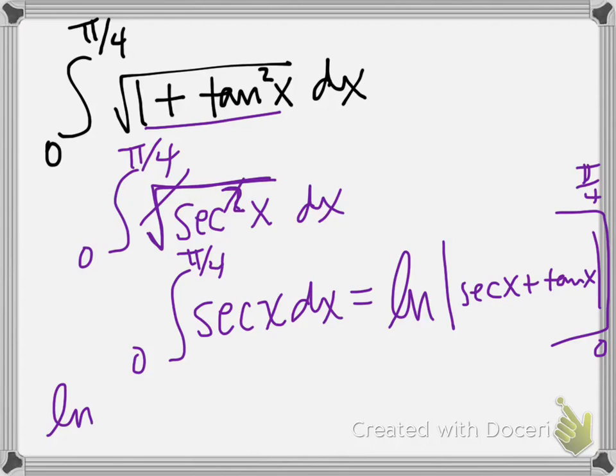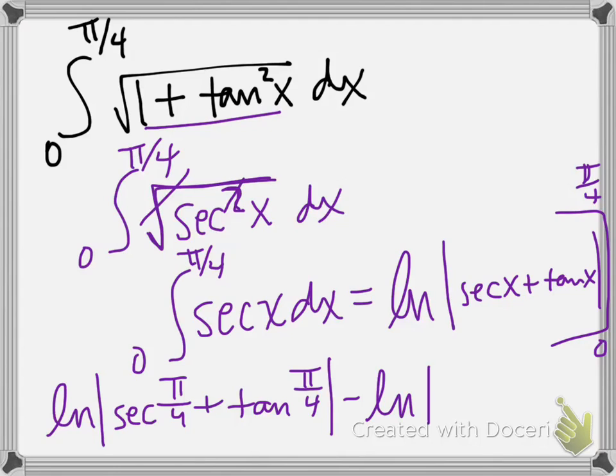So I'm going to have natural log of secant pi over 4 plus tangent pi over 4 minus natural log of secant 0 plus tangent 0. Alright, what is secant of pi over 4?